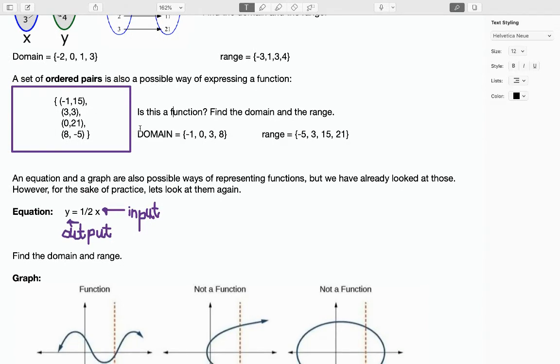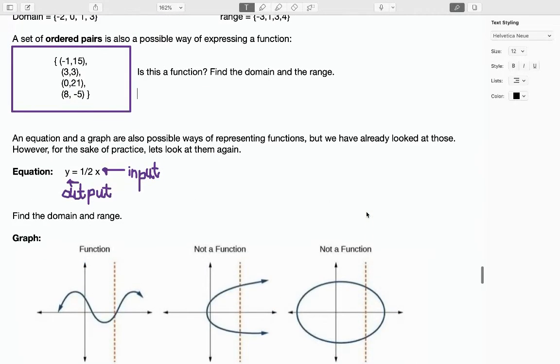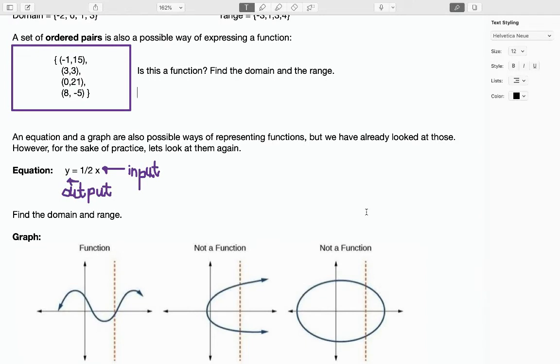So I'm asking you, is this a function or not? And please find the domain and range. Okay, yes it is a function because each input has one output.